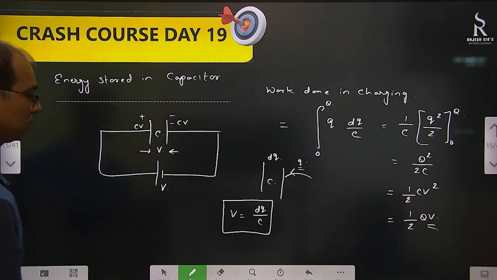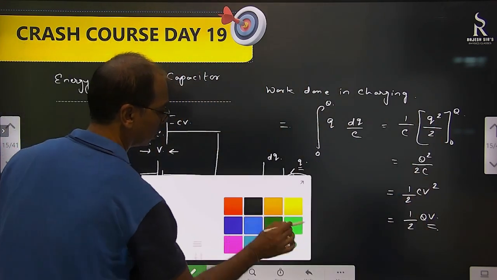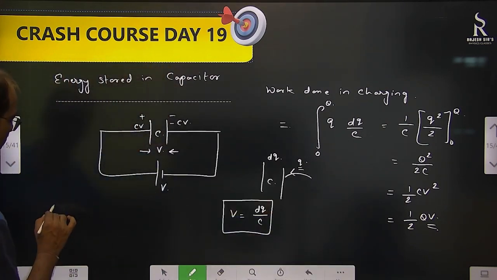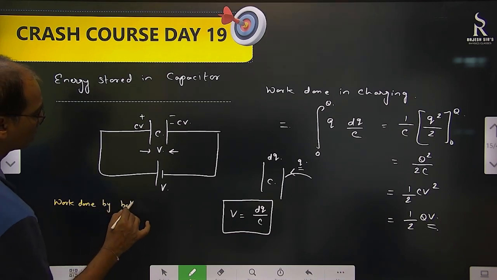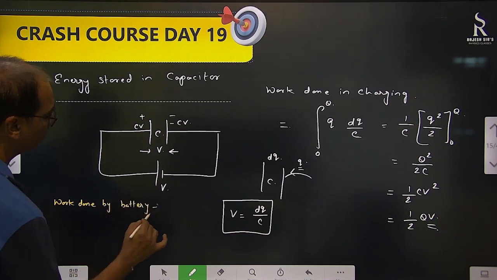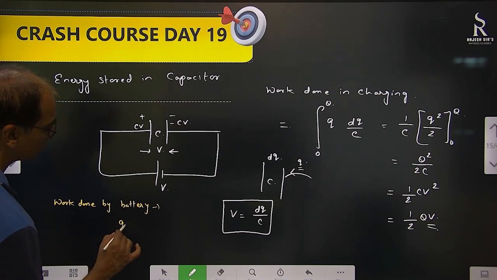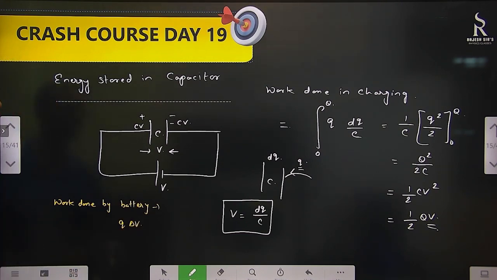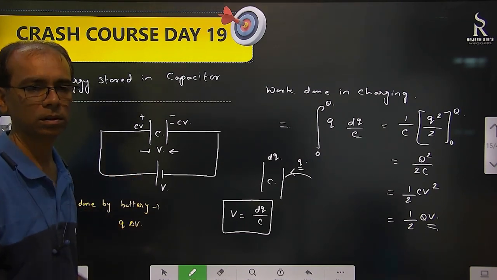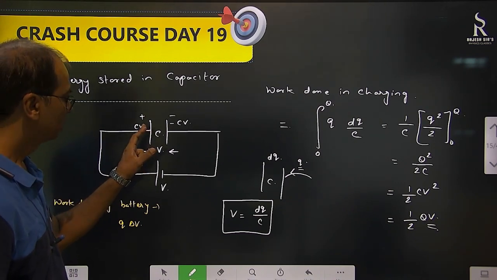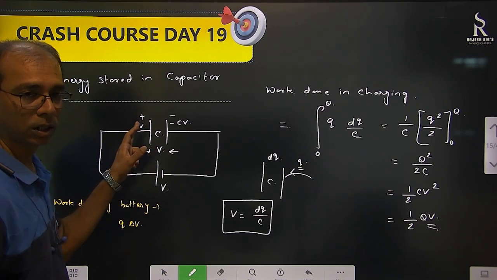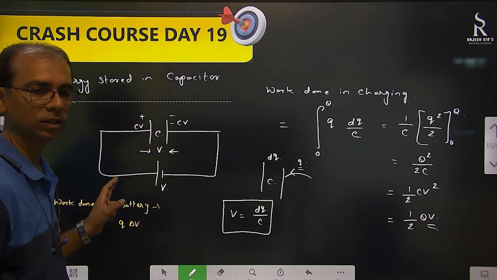But now the question is asked, how much is the work done by the battery? Work done by the battery again is Q delta V only. There is no change. But the question now is how much charge has passed through this one? CV is positive charge. That means electrons, total electrons of magnitude CV, have passed through this.